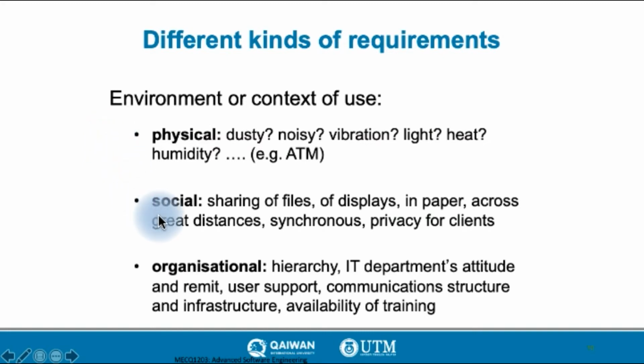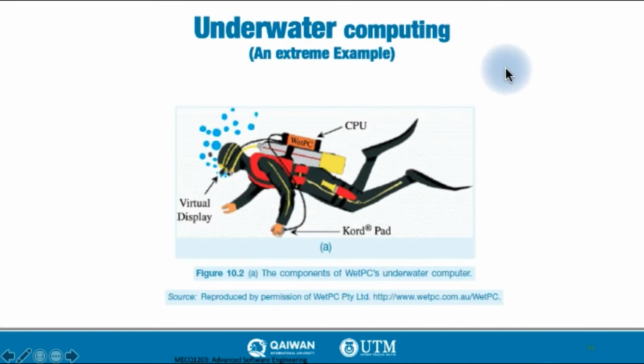For example, sharing files over great distances, like if you have far places. This application can help me achieve my goal. So I need to get the requirements based on these three aspects, so the applications can serve the customers in a good way.